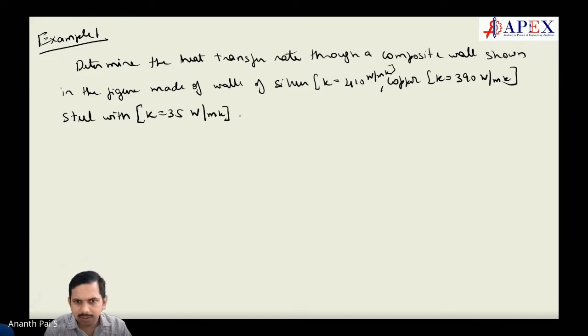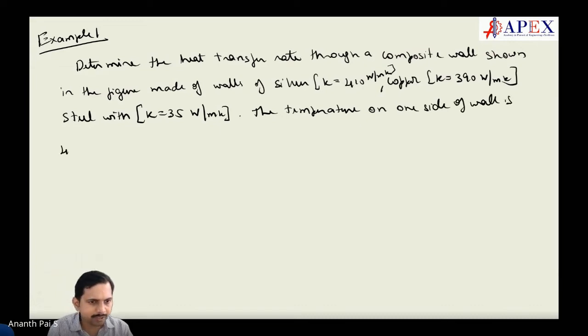The temperature on one side of wall is 400 degrees centigrade, while on the other is 20 degrees centigrade.